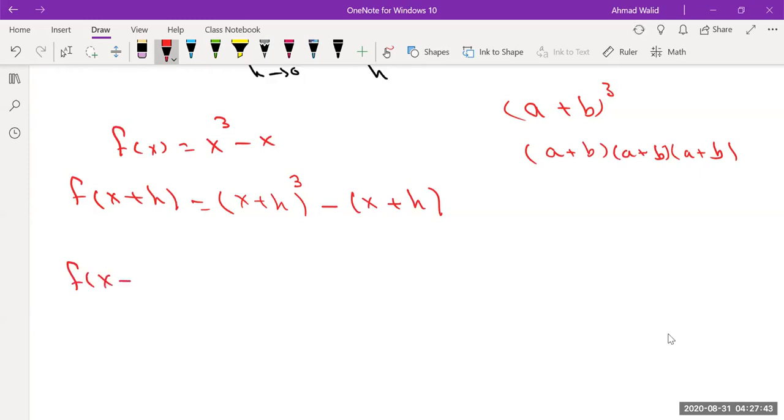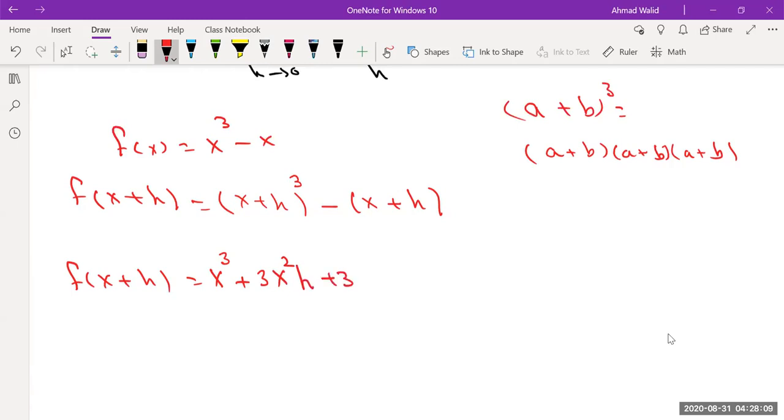f of x plus h equals the cube. I will explain it that way. I'll use this formula, right? The cube of the first term, x cubed, correct? Plus 3 times, you reduce 1 from the exponent of x, x squared, and you bring your h.